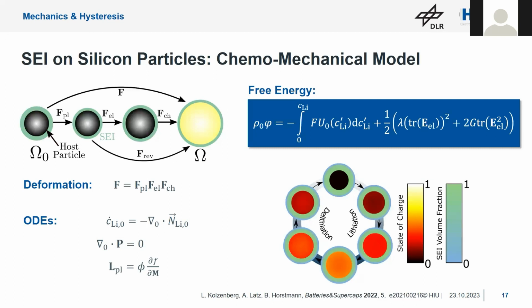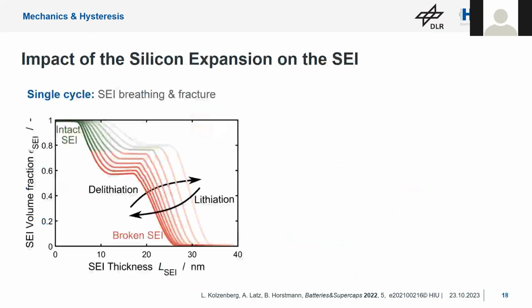And finally, we derive partial differential equations for the silicon and for the SEI, and they show us how the lithium moves in the particle, how the elastic forces behave, and then how the plastic flow of the SEI is looking.